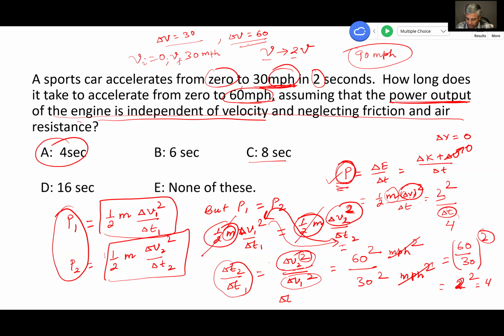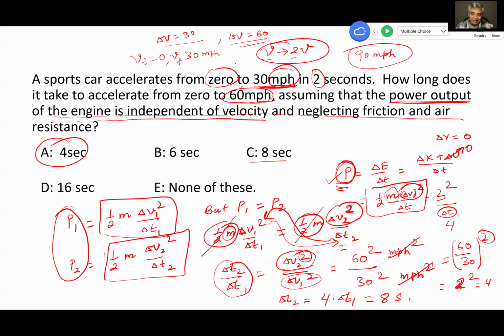So this is 4, but that is the ratio. Now what is delta T2 then? 4 times delta T1. So delta T1 is 2, so that gives you 8 seconds. So that's how we systematically solve this problem. But you don't have to go through all this trouble. You can just look here. Hey, the change in velocity was double. Double squared is 4.